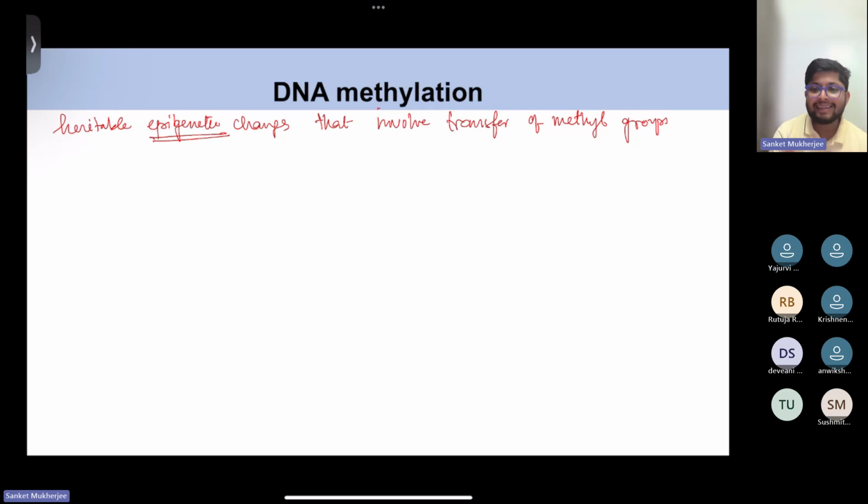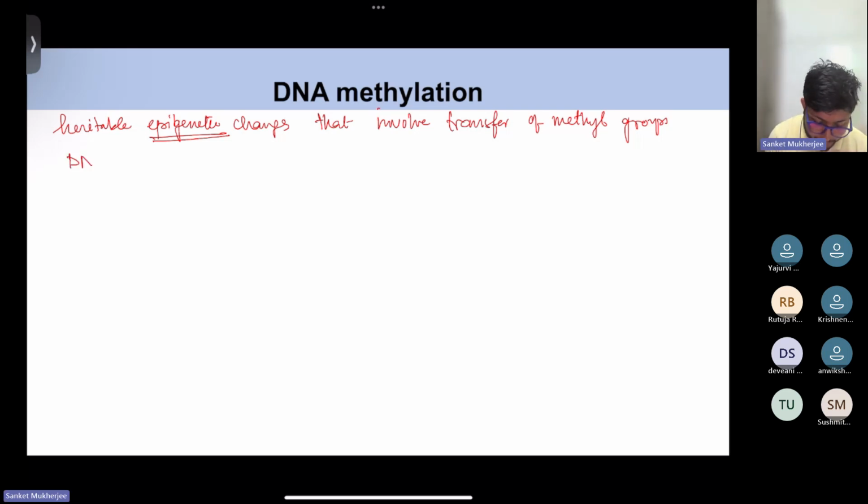For example, A is changing to T, or if there is insertion or deletion, any of these changes are genetic changes. Epigenetic changes are changes in the function of the DNA that do not involve a change in the DNA itself. Methylation is one example: if DNA gets methylated, the further processes, transcription and translation, could be affected. So that is why it's called an epigenetic change.